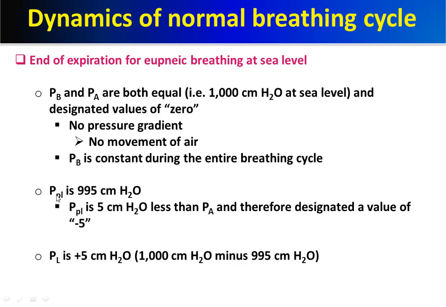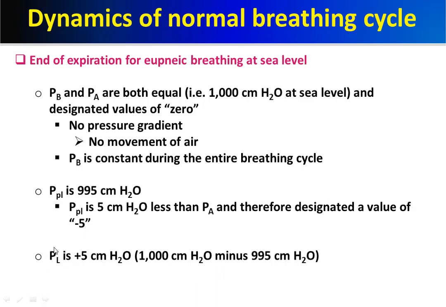We've just mentioned that at the end of normal resting eupneic breathing, the intrapleural pressure is 5 millimeters of mercury or 5 centimeters of water less than the atmospheric pressure, and is therefore designated a value of -5.